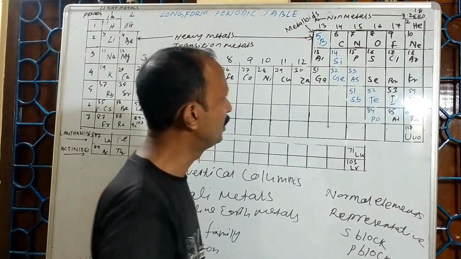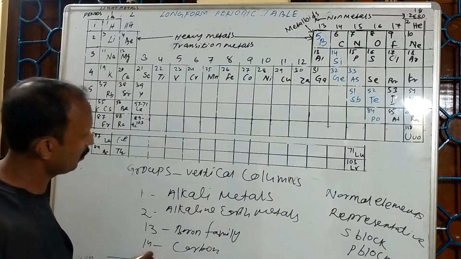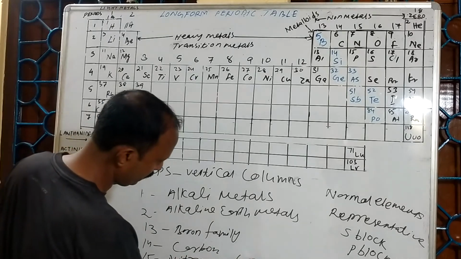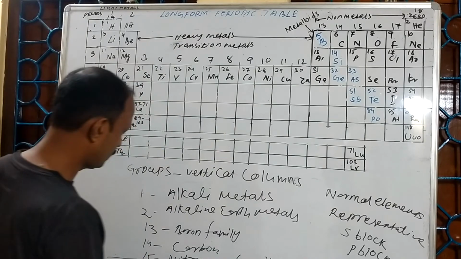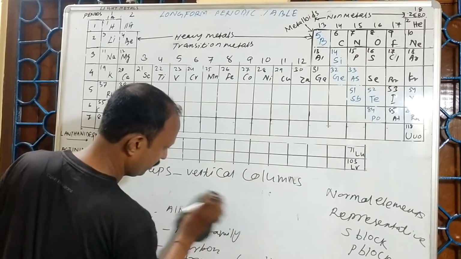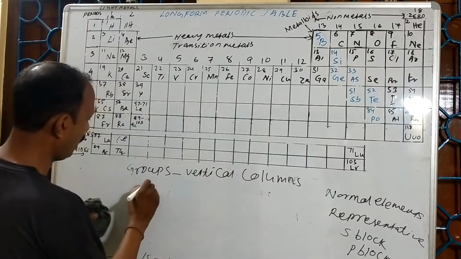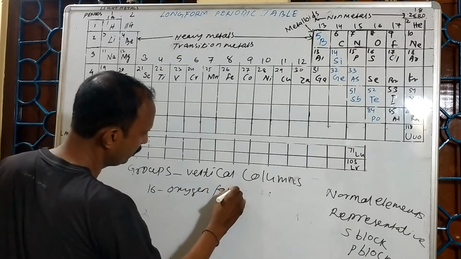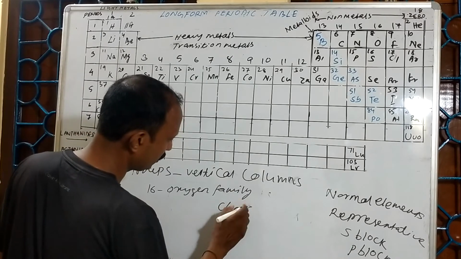Next one is the nitrogen family. So the 15th one is the nitrogen family. Okay. The 16th one is the oxygen family, or we say chalcogen.